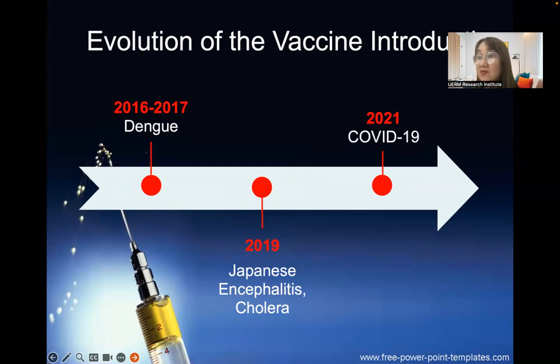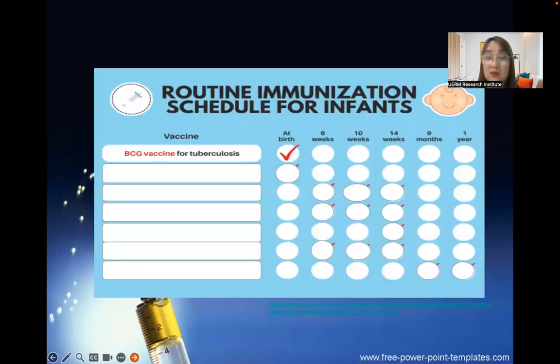Japanese encephalitis virus vaccine was introduced to Region 1, Ilocos, Region 2, Cagayan Valley, Region 3, Central Luzon, and Cordillera Administrative Region or CAR in March 2019. Also, the use of cholera vaccine for high-risk exposure groups and during outbreaks. And currently, the ongoing COVID-19 vaccine rollout to priority groups in the country started in 2021.